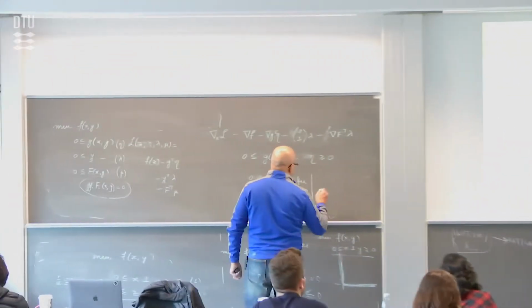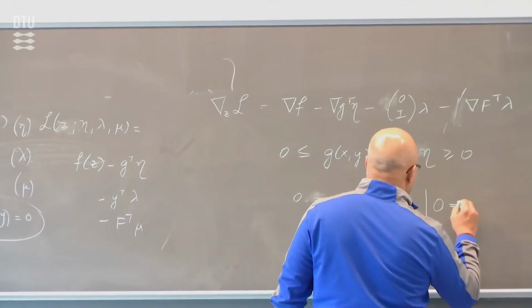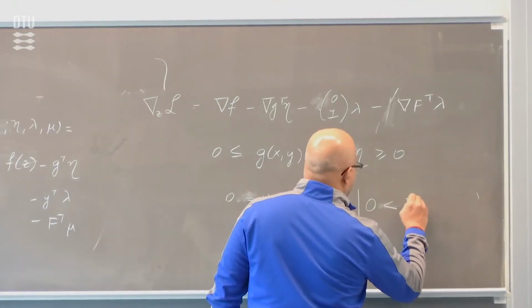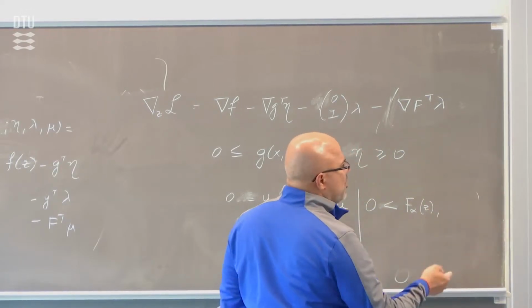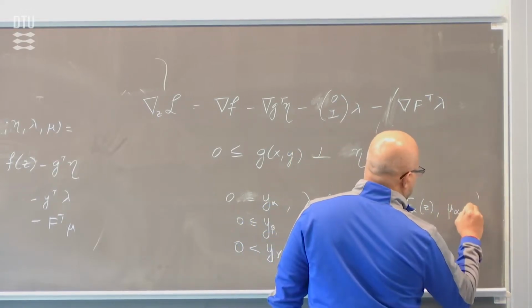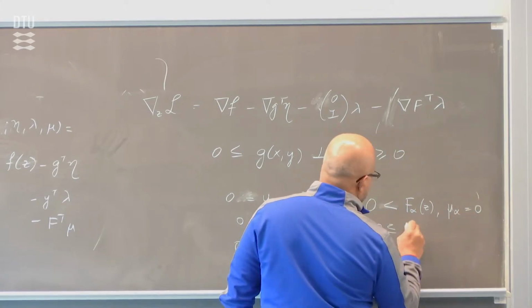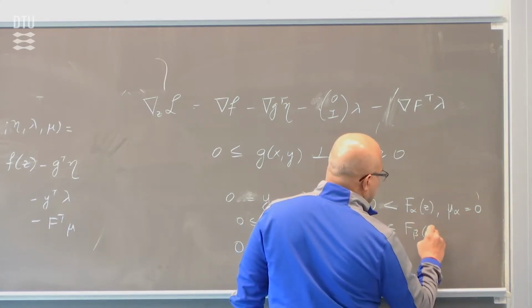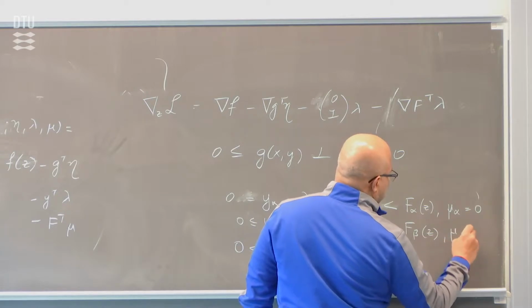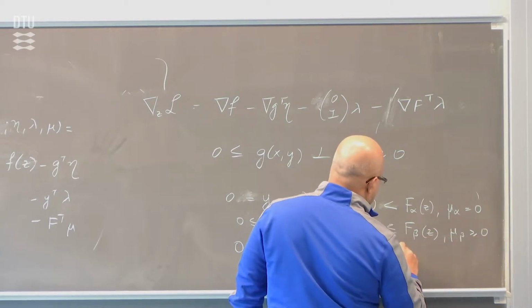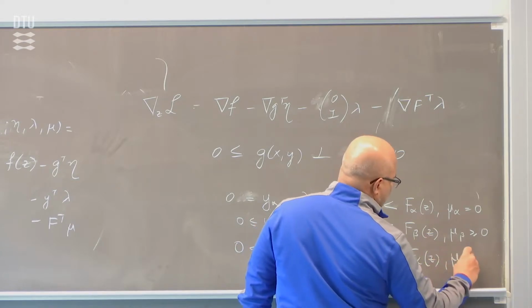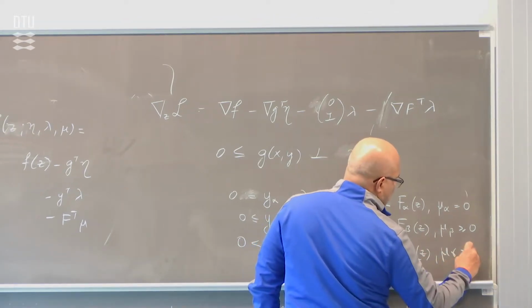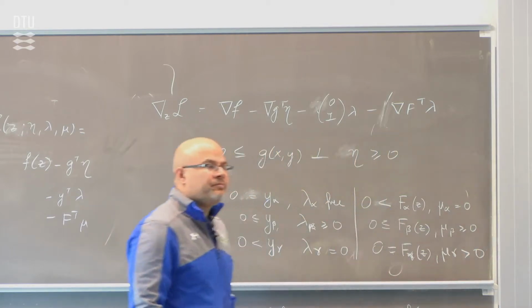Similarly, 0 is greater than f alpha, which means the corresponding mu alphas are equal to 0. 0 is less than f beta, which means the corresponding mu betas are non-negative, and this is equal, which means that the corresponding mu gammas are strictly greater than 0. Is this clear?